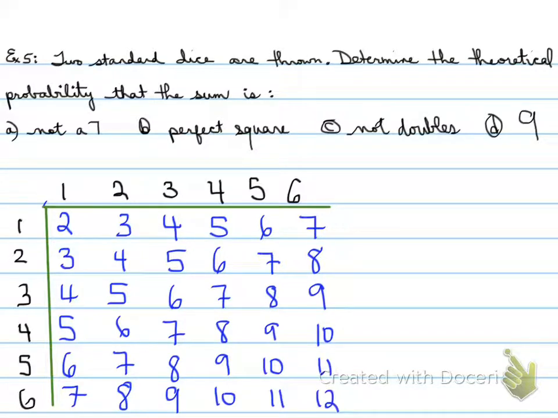Okay, now, based on these sums, we can answer, how many of these are not a 7? Well, if we count all the 7s, the not 7s is the complement. So, the probability of it being a 7, the complement of that is going to be 30 over 36. How do you know?